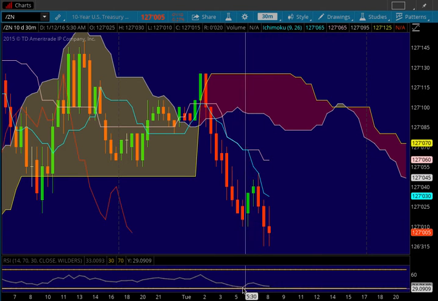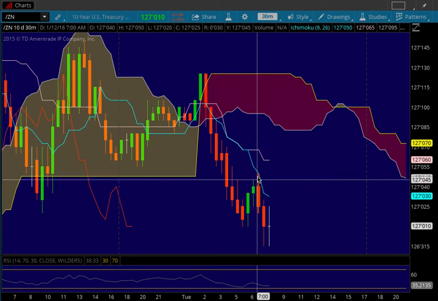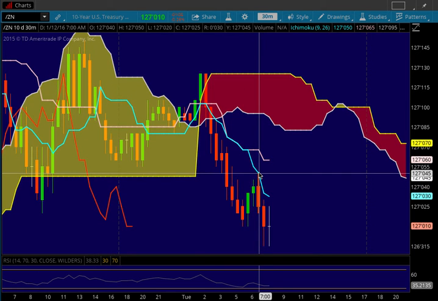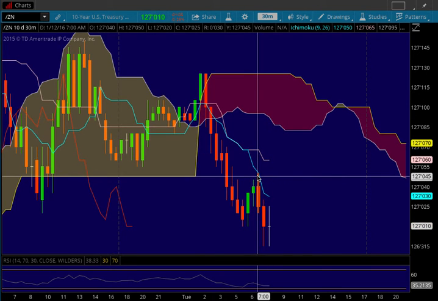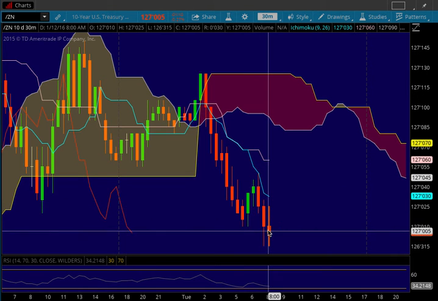We didn't quite get oversold on RSI, but we came very close. So we bounced, we came up, we tested the Tenkan-sen, and we were solidly rejected by the Tenkan-sen. We were unable to get over the Tenkan-sen on a closing basis, and so we sold off further.